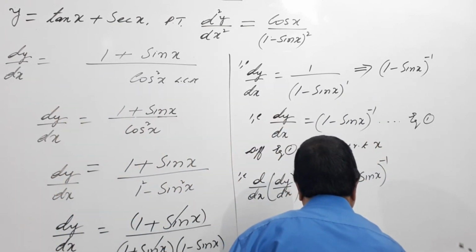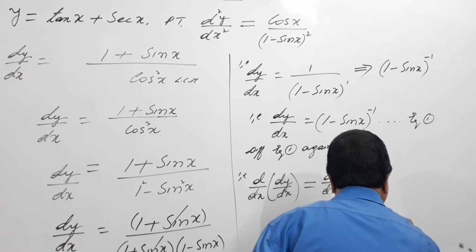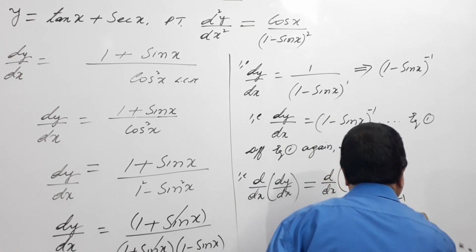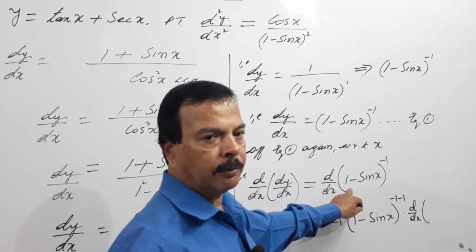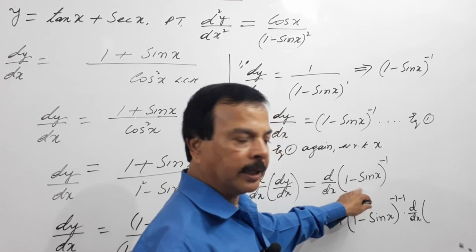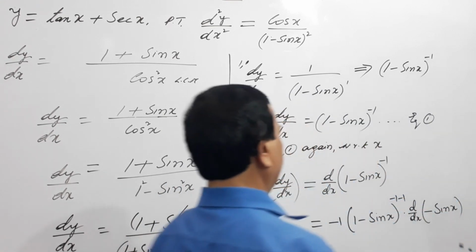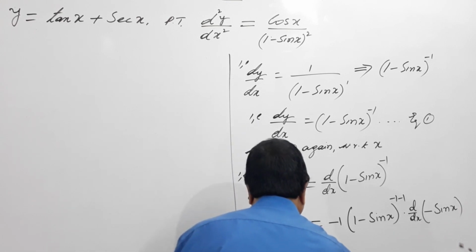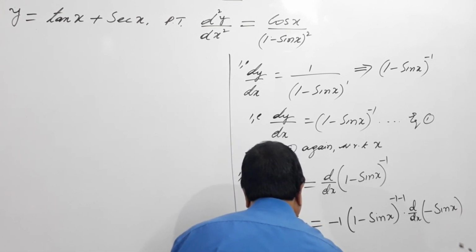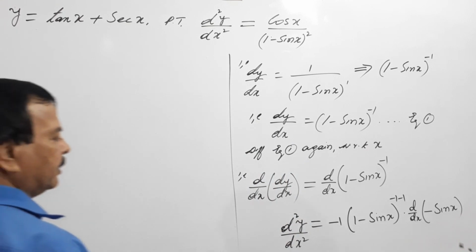This equals minus 1 into 1 minus sin x to the power of minus 2, into d by dx of 1 minus sin x. The derivative of 1 is 0, so it is the derivative of minus sin x. d square y by dx square. Is it visible? Yeah. So what happens here?